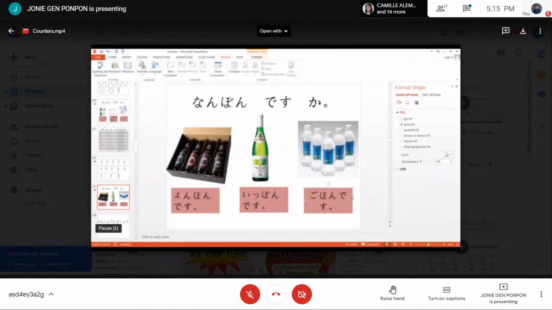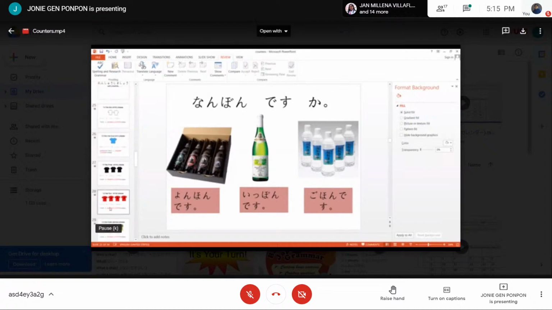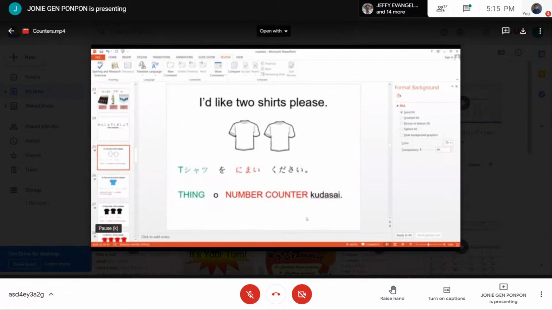Okay, so the suffix to be used is the hon, the bon, or the pon. Okay? Next, I will show you how to use the kudasai. So for example, you're in a restaurant, you're in a clothing store.